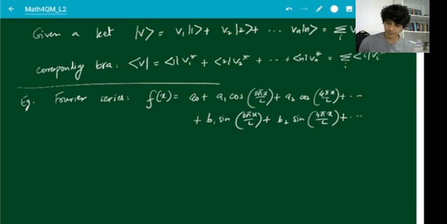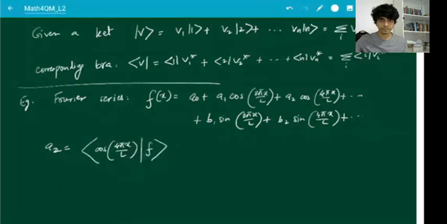So how do you find the component over here? If I want to find a2, I have to take the inner product of this f with the corresponding basis vector over here, which is cosine 4 pi x by L. And as I told you before, in this space the way to define the inner product is in terms of the integral.